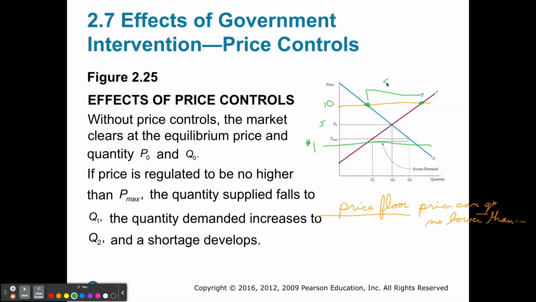Causing, in this case, a pretty big problem, if it were meaningful. But people are still going to try to do things, so they're going to have to operate outside of the market. The equilibrium will no longer hold.